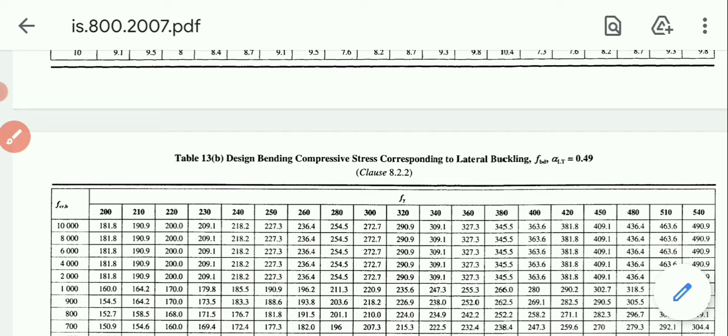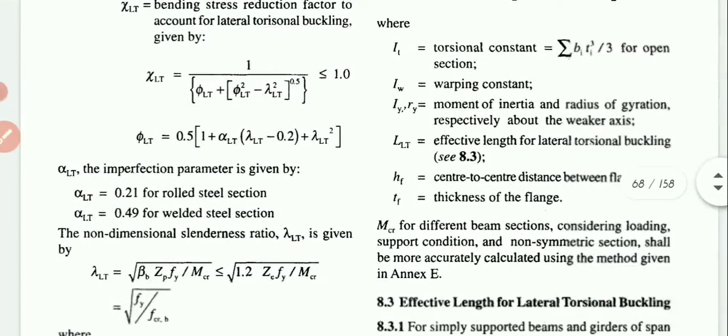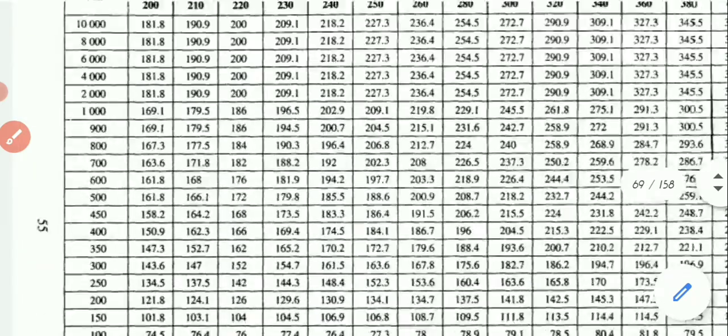Now we should decide which value of alpha_lt to use. It is given in the same clause that alpha_lt equals 0.21 for rolled section and 0.49 for welded section. We are designing a built up section, so our section will be a welded section, that is 0.49. So we are going to use table number 13b.